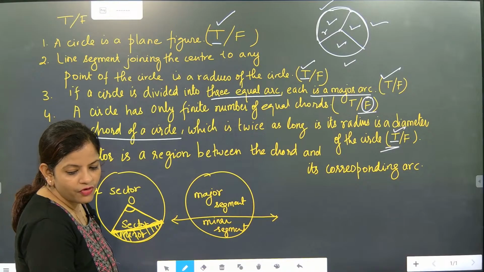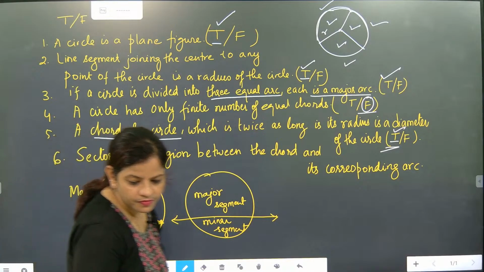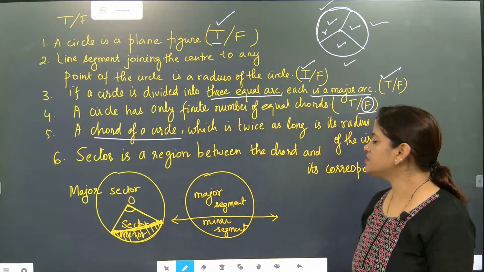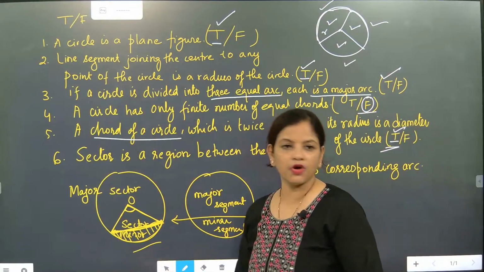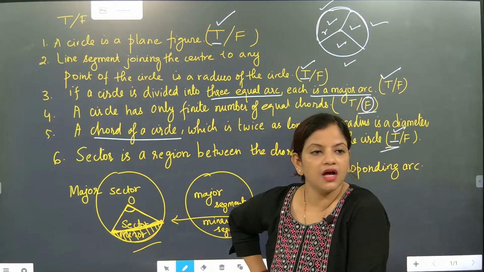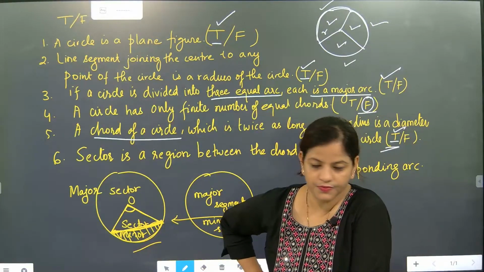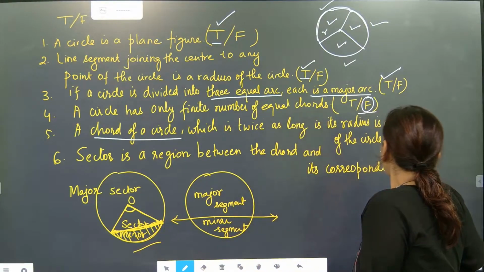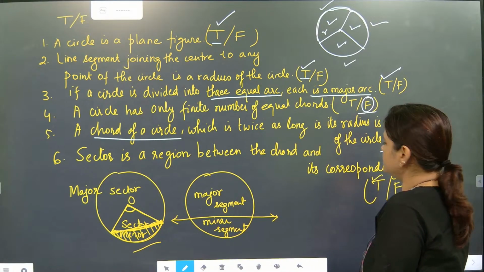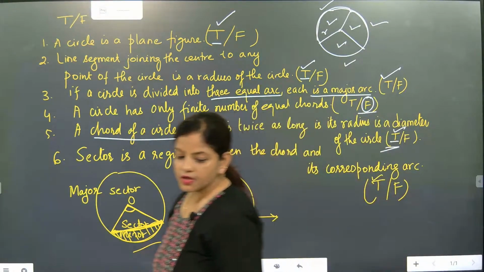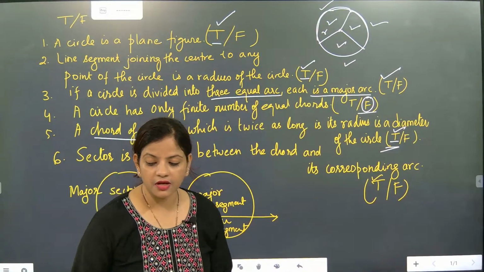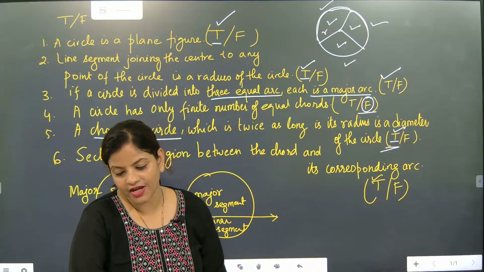Is it a true or a false statement? So this is a region between chord and corresponding arc. The statement is true. Understood? Yes. Sector is a region between the chord and corresponding arc.